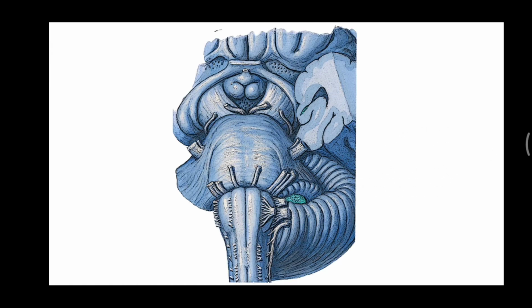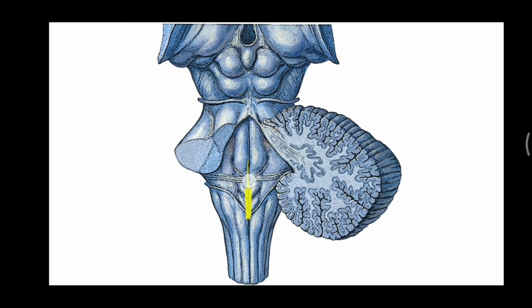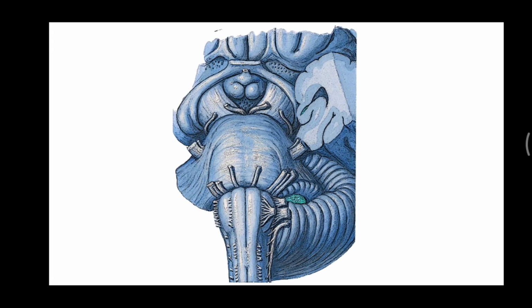The medulla oblongata is incompletely divided into two symmetrical halves by an anterior median fissure and a posterior median sulcus. Each half is further subdivided into three areas, that is anterior, lateral and posterior, by the anterolateral and posterolateral sulci.